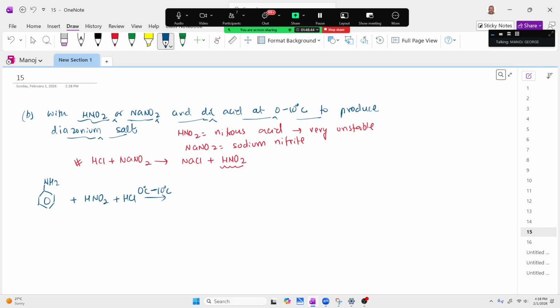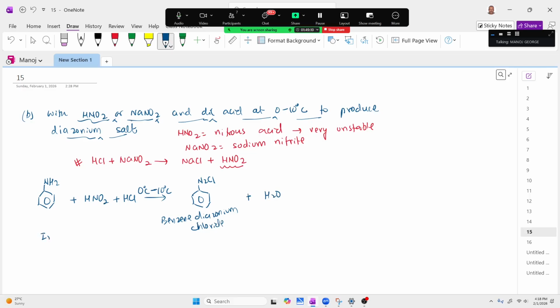So what happens in this? I will get this compound, C6H5N2Cl. This is benzene diazonium chloride, the diazonium salt they are talking about, plus water.